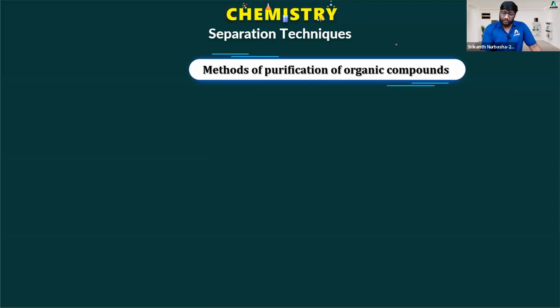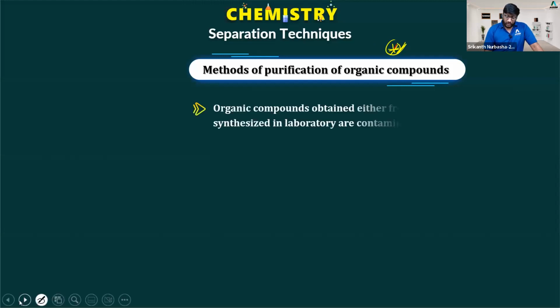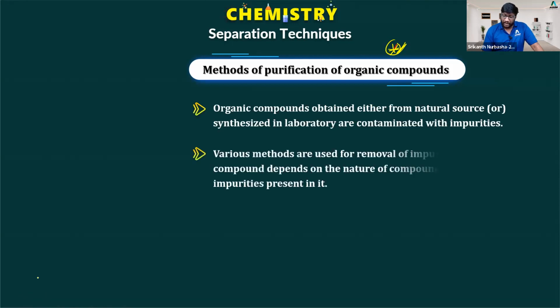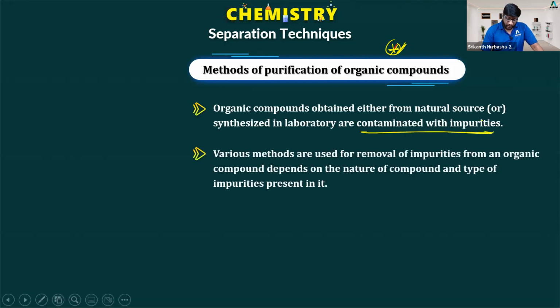So these methods of purification are very important to separate the mixture of products into pure compounds. Organic compounds are obtained either from natural sources or synthesized in the laboratory, and are always contaminated with impurities. Various methods are used for removal of impurities from an organic compound, and that depends upon the nature of the compound and the type of impurities present in it.